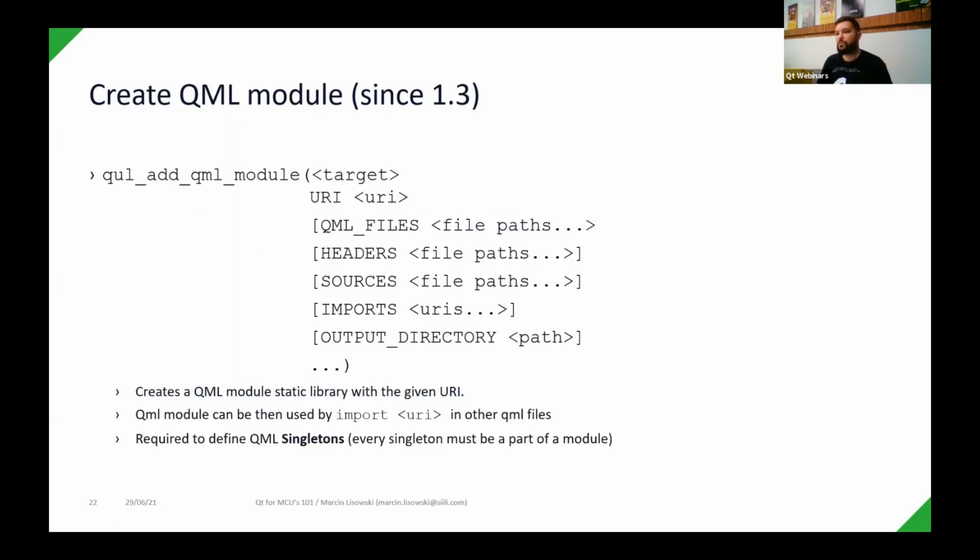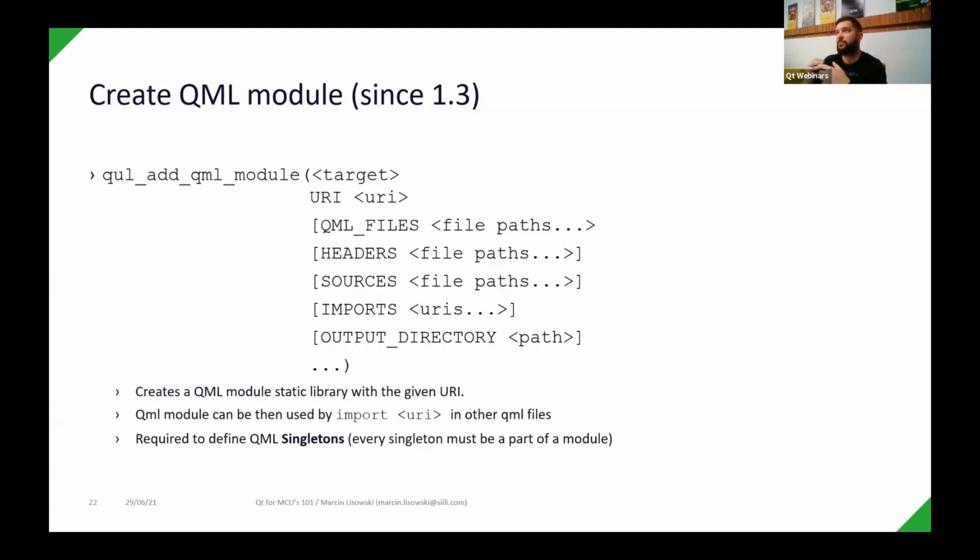Previously, I said that there was a deprecated API for defining the modules, and this is the modern and the current way of doing this. There is a separate macro for it. Qt add QML module for the target, which will be a separate target for your module, of course.